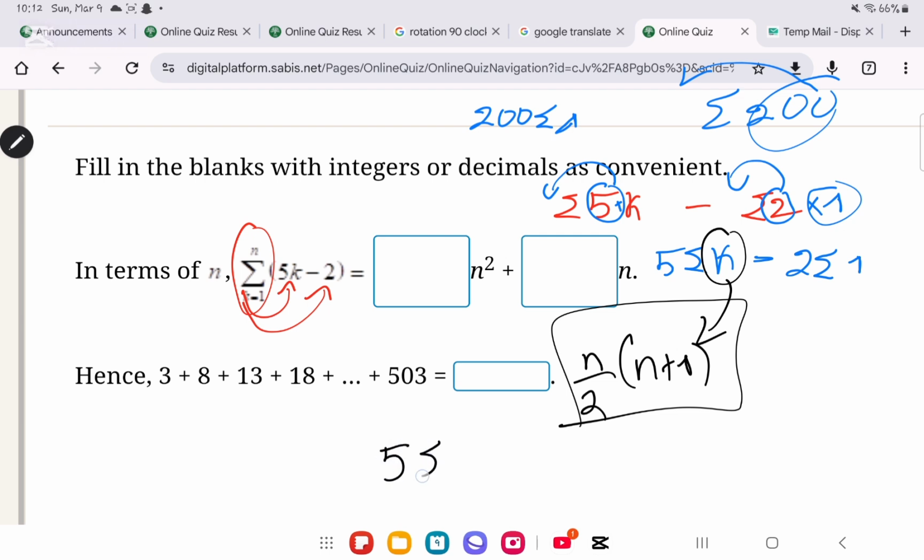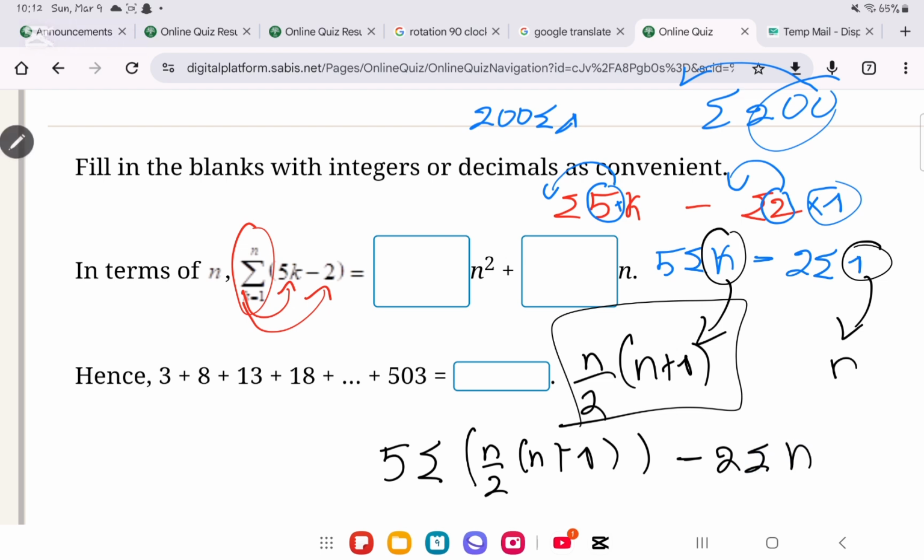So it becomes 5 sigma function n over 2 times n plus 1. Alright, and you're going to substitute, always you substitute the 1 by n. So minus 2 sigma function n. So now you're going to remove the sigma function and you're going to treat them as multiplication. So very simply, it's going to be 5 times n over 2 times n plus 1, okay, minus 2n.